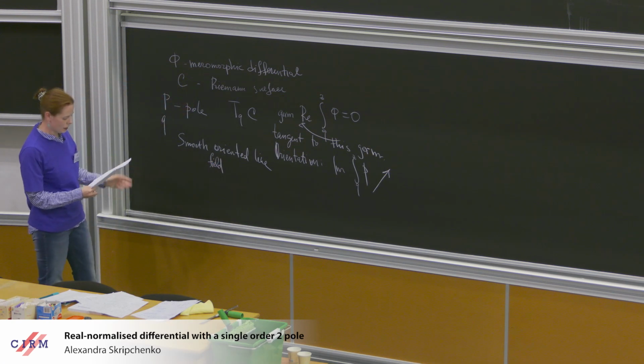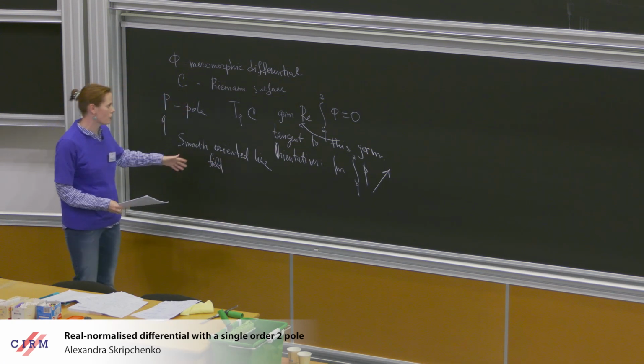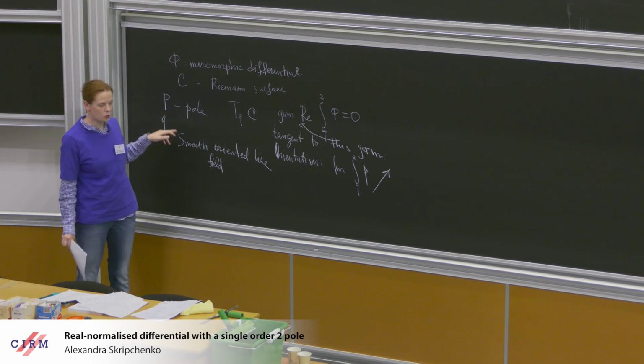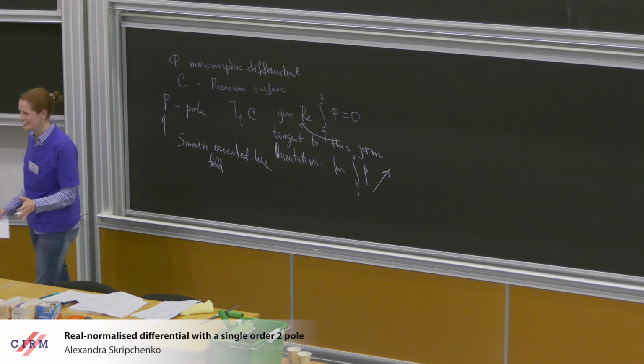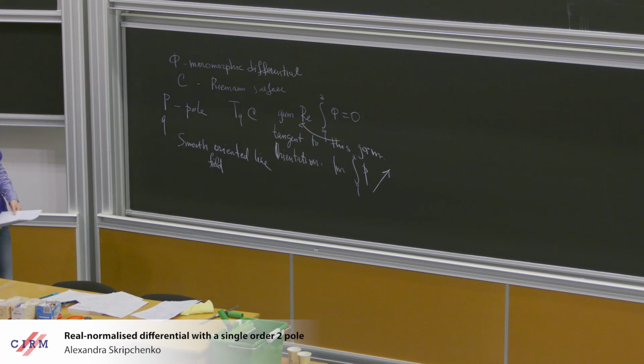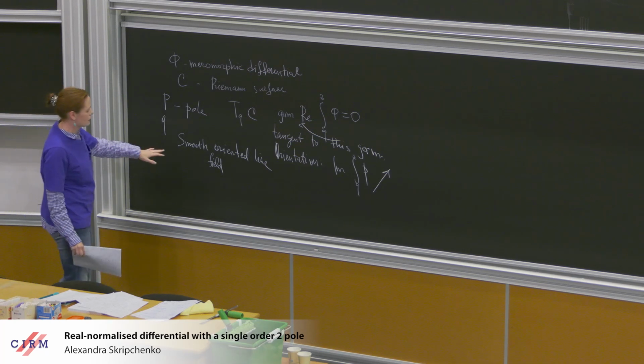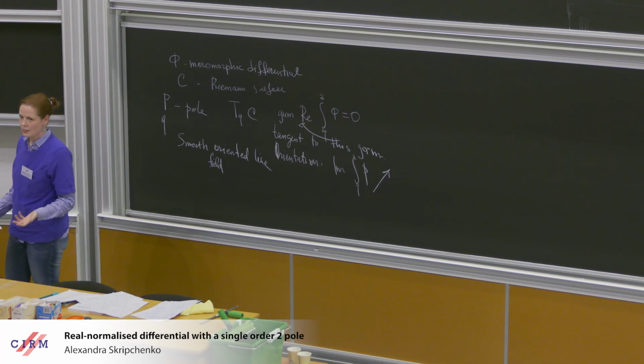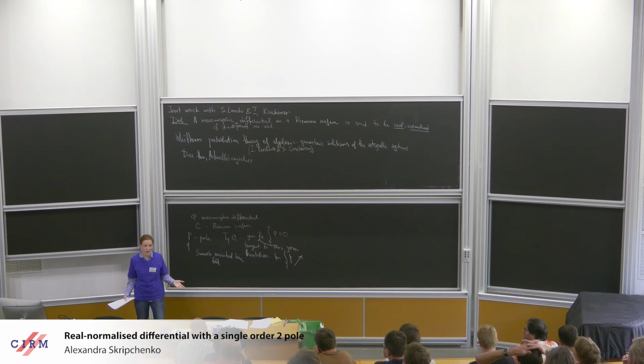So on the complement to the set of poles and zeros, to be more precise, because I chose Q to be some nice point, not a singularity. But then if I have a smooth oriented line field on the surface, I can extend it to my singularities, since I have only a finite number of them, right? So I can extend it to the pole and to the zeros.